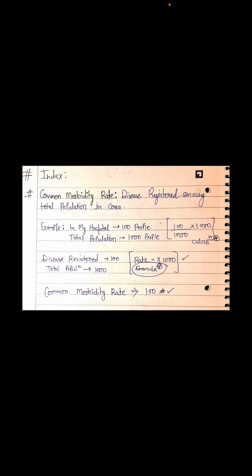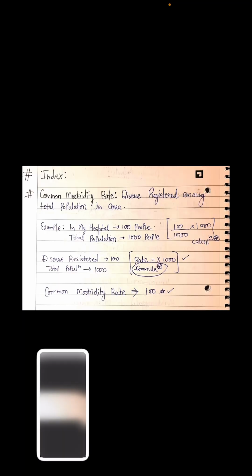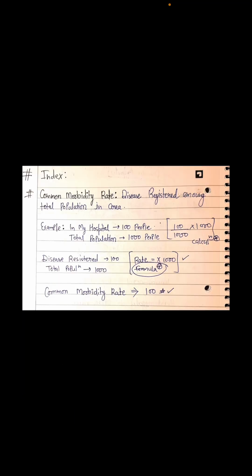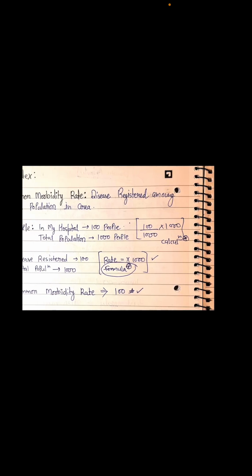For the calculation of the common morbidity rate, I have provided the formula: 100 divided by 1000 multiplied by 1000. Although the formula was never required and there was no question on the common morbidity rate, in case it's important, here is the common morbidity rate.